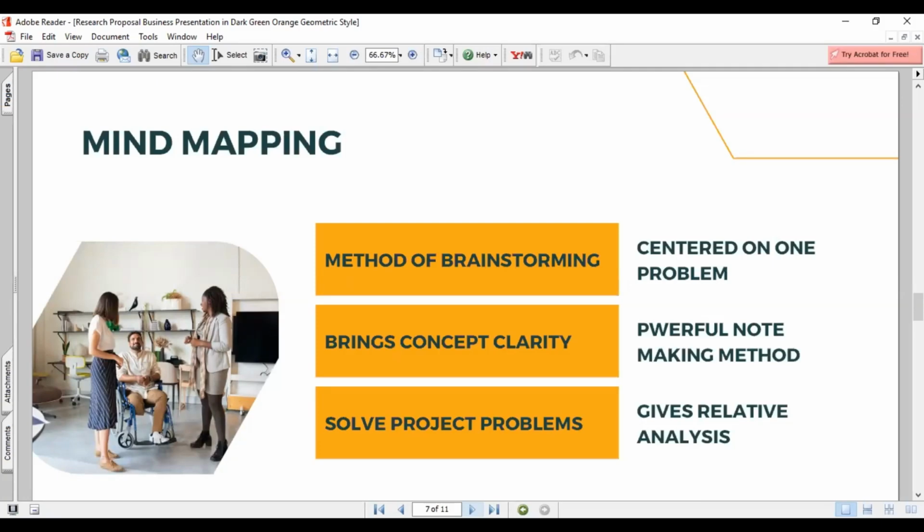It's a note making method, meaning whatever is going on in your mind, you're just noting it down with the help of this tool. It gives relative analysis. Whenever you are brainstorming on a particular idea or problem, how to solve it, you are writing it down point by point, analyzing it and trying to come up with probable solutions.